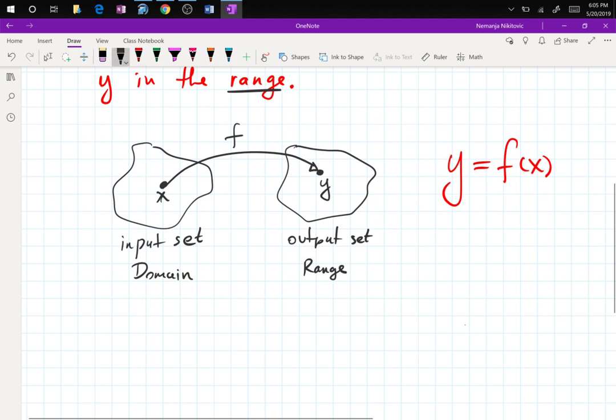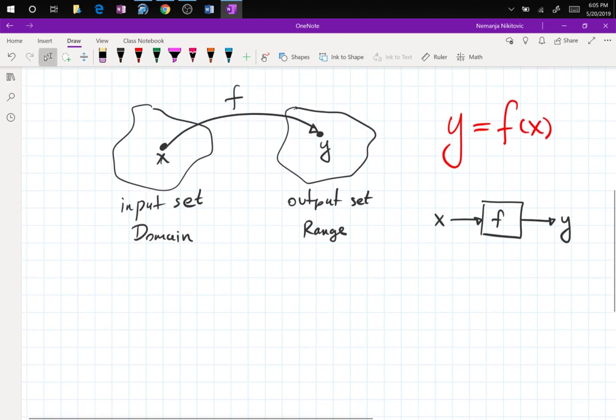If you want the block diagram, you can think of function f as some kind of factory. The x comes in, the y comes out. An example. f of x equals 3x plus 6.